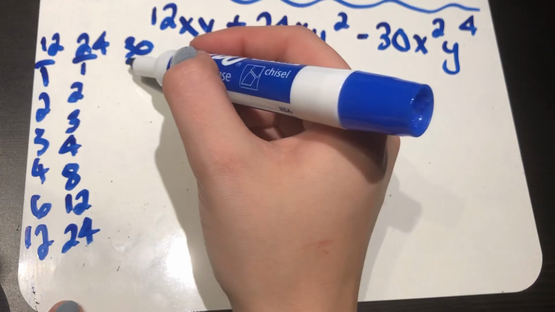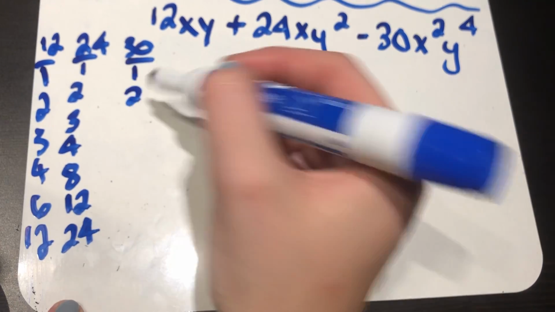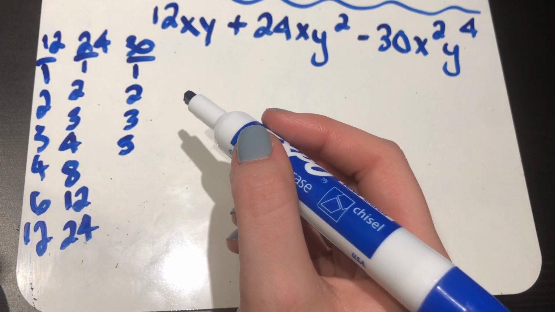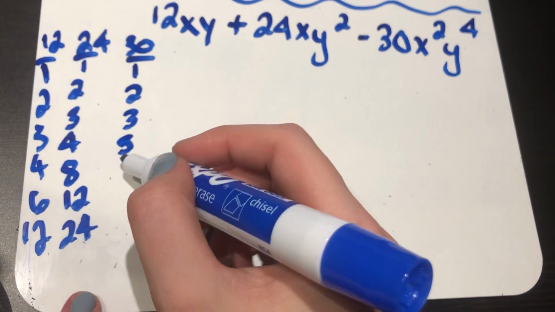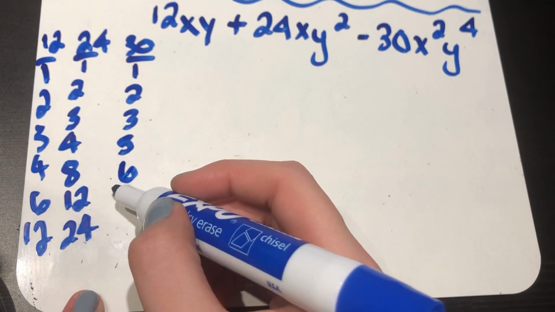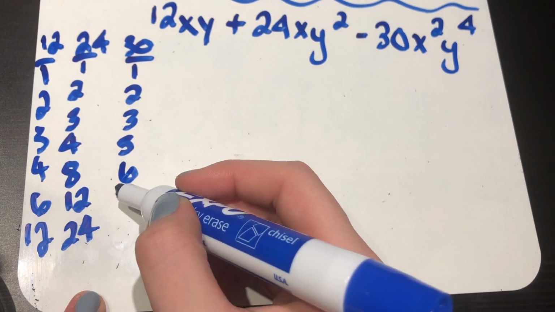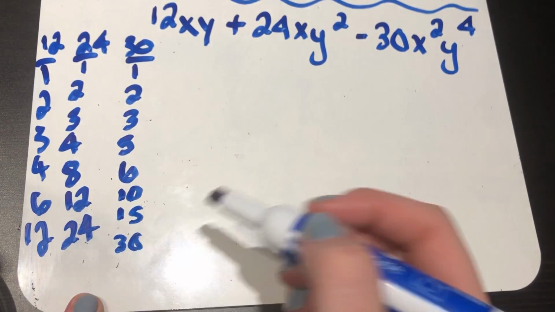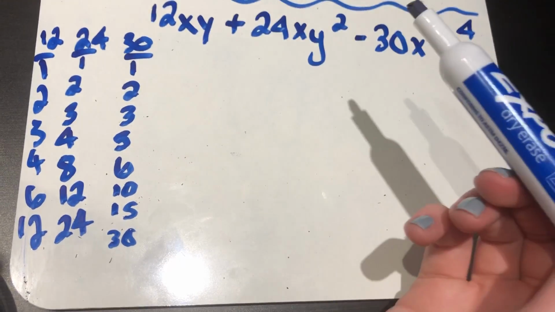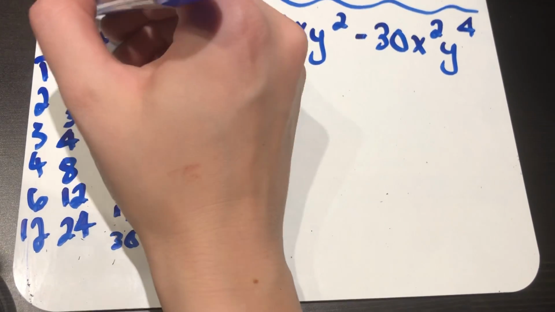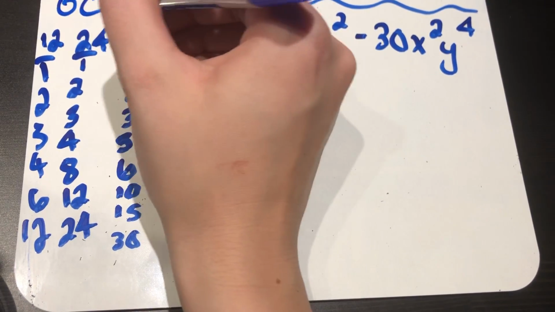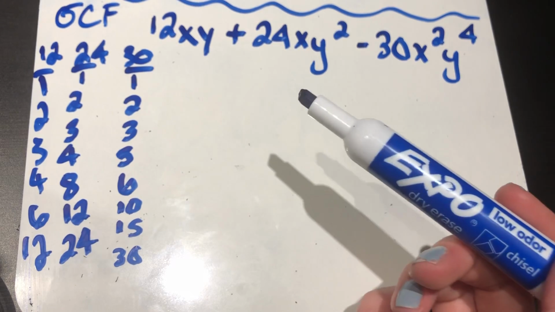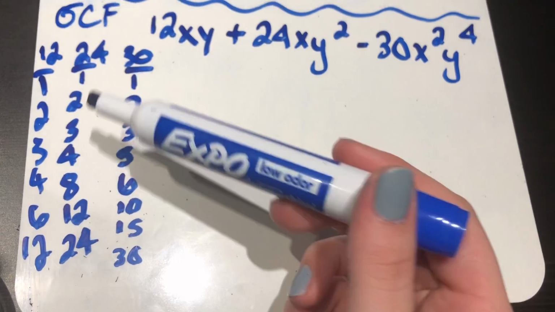And for 30, I can divide it by 1, 2, 3, 5, 6, 10, 15, and 30. Okay, so what's the biggest number they have in common? That's the GCF, greatest common factor.